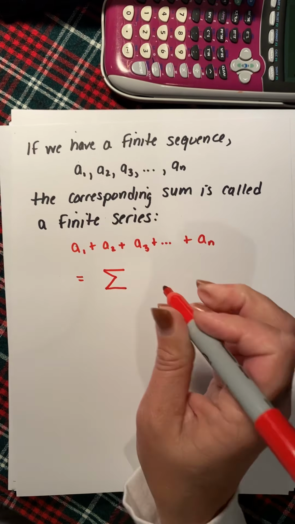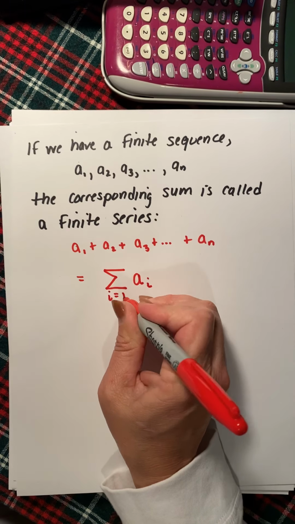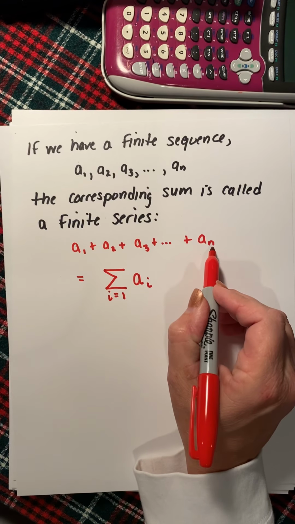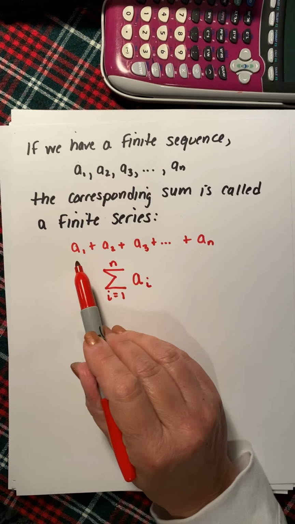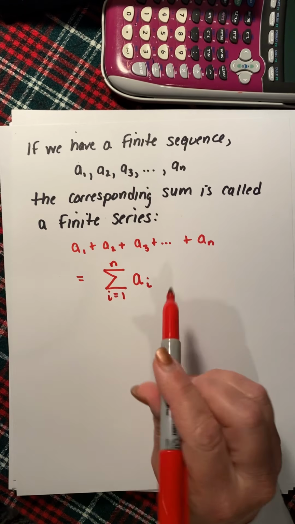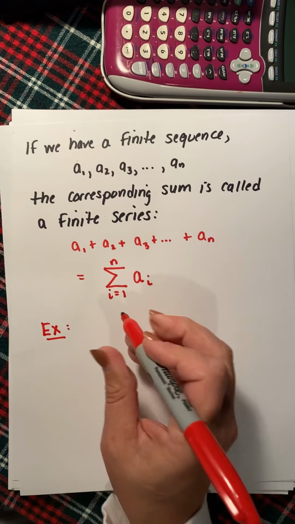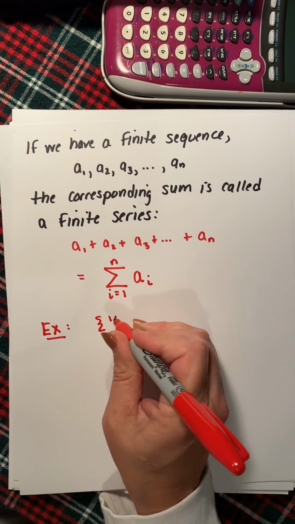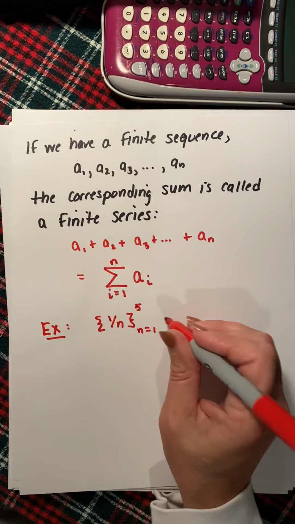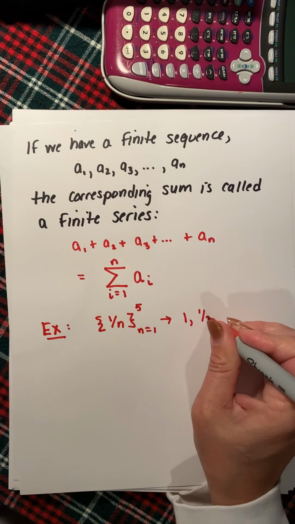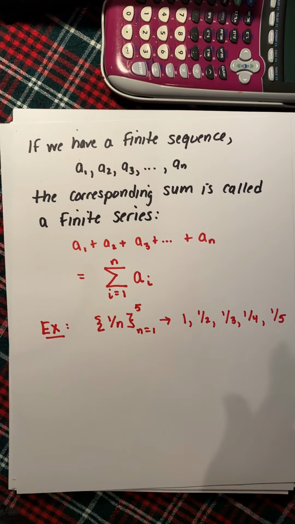Here we tend to use the subscript i because n is representing the very last term of this sequence. So if we're writing up the first n terms, we would write it starting at 1 and ending at n. Consider, let's do 1 over n, n equals 1 to 5, which corresponds to 1, 1/2, 1/3, 1/4, 1/5.